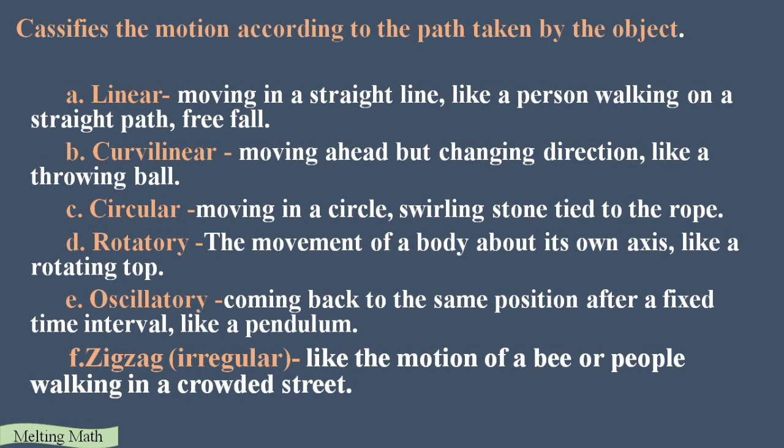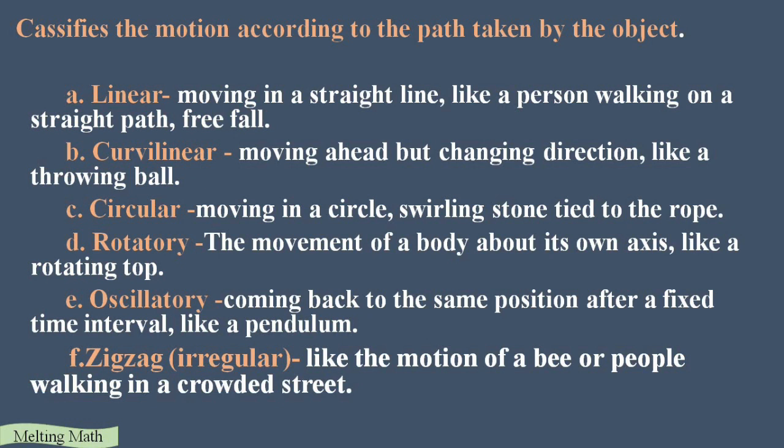Second one is rotatory motion: the movement of a body about its own axis, like a rotating top. It's a cycle wheel. These are all rotatory motion. It rotates on its own axis. Just see, circular is about a fixed point, rotating a circle around a fixed point, but rotatory is rotating along with the object.